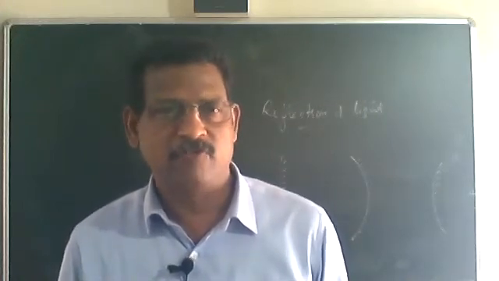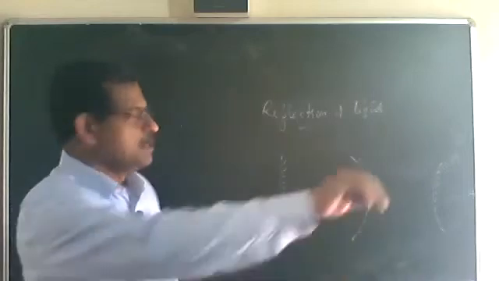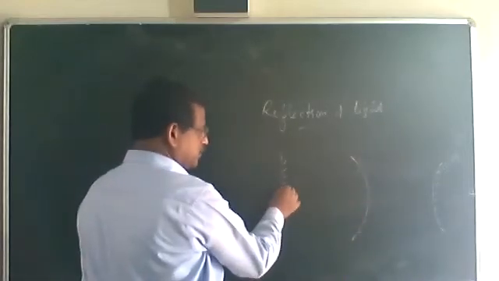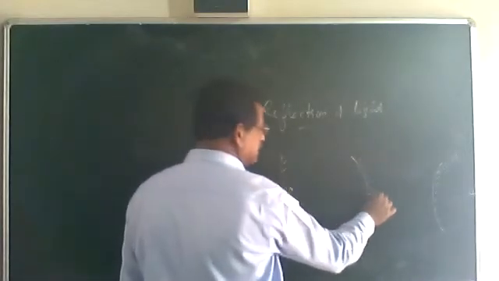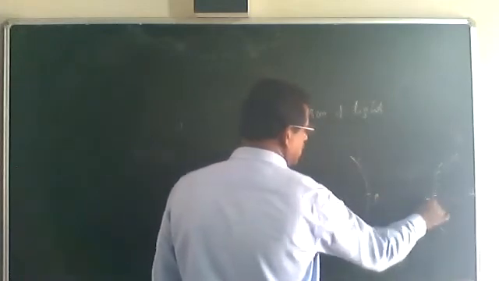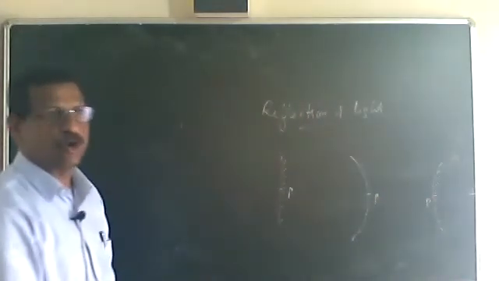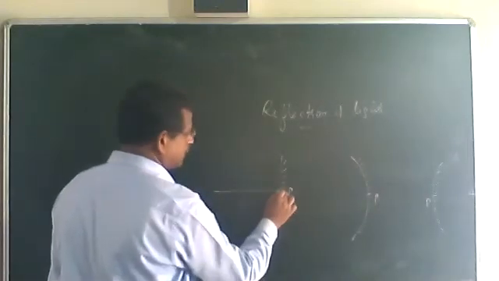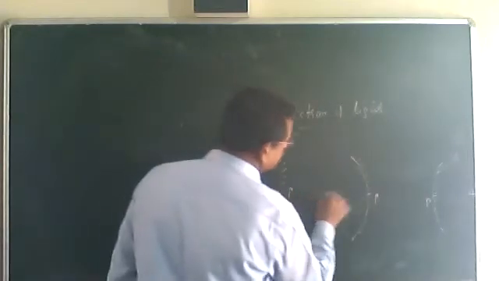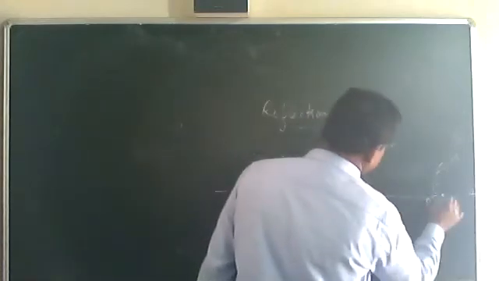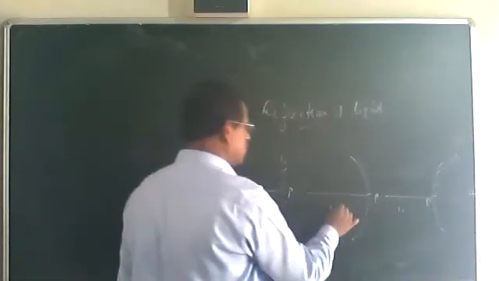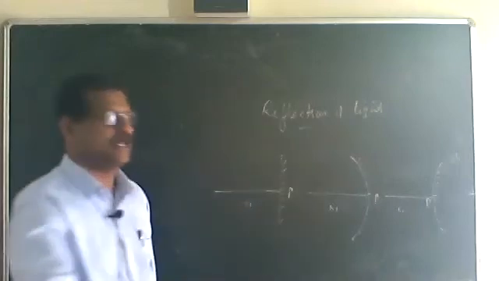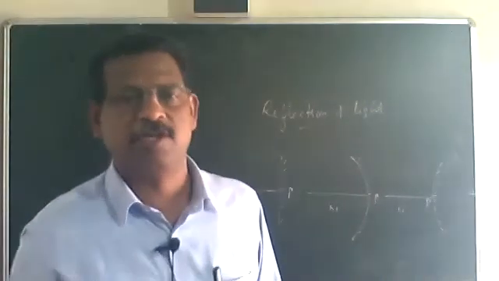So what are the laws of reflection? We'll see from the diagram. So to the mirror surface, you take a point P which we recognize as the center of the mirror, we call it a pole. Draw a normal, perpendicular, to the point P. These are the normal that is drawn to the point P. P can be taken as the center point of the mirror, we call it a pole.